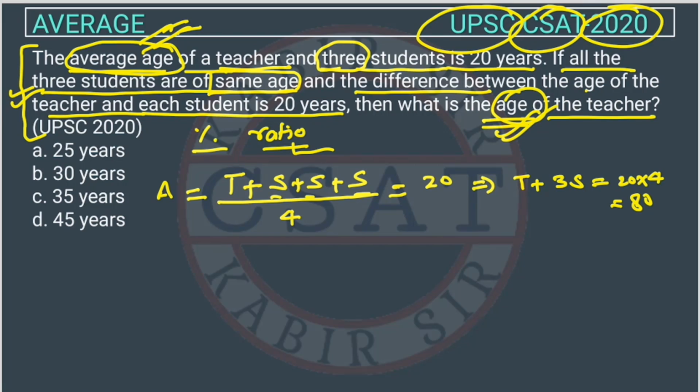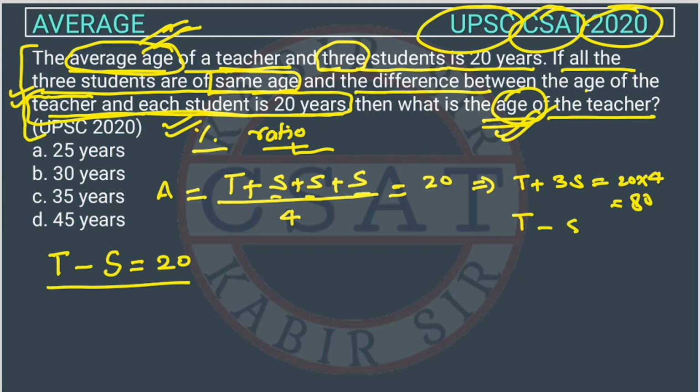Now what else is given? It is given that the difference between the age of teacher and student is 20 years. So we have two equations and two variables, so we can easily solve it.